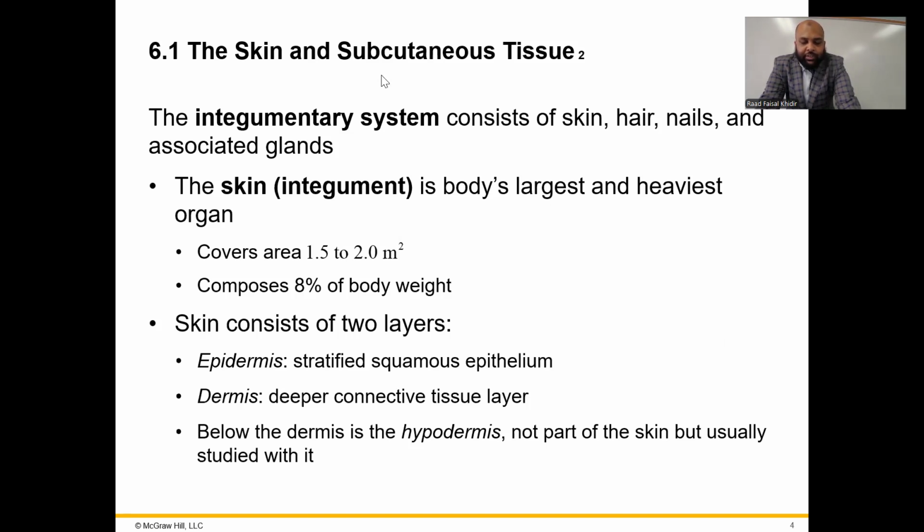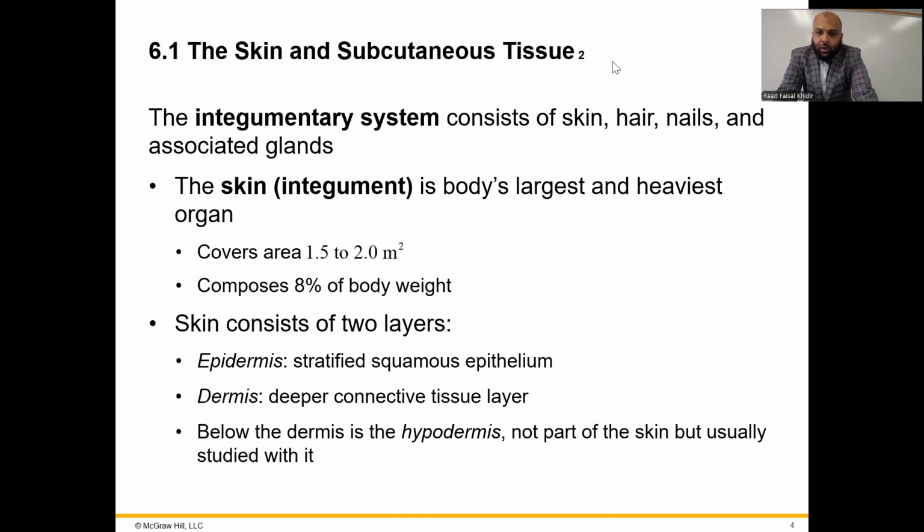So the integumentary system is a collective understanding of the skin, the hair, the nails, the associated glands, and the nerves that make up the integumentary system. So the skin or the integument is the body's largest and heaviest organ. It covers an area of about 1 to 2 square meters, and that's the largest part.